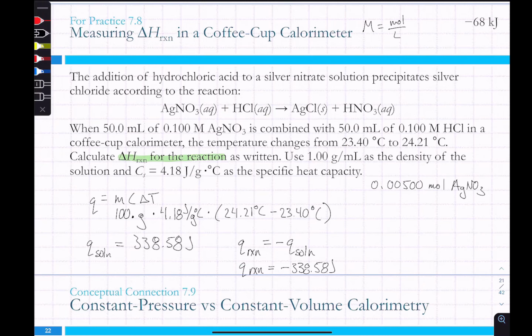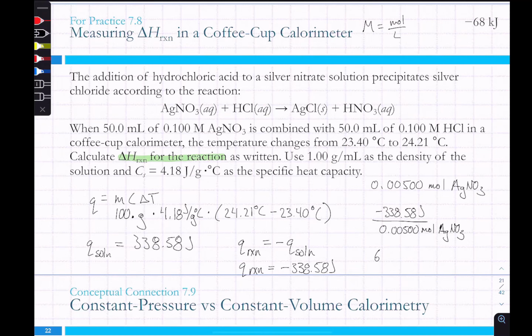And now all we have to do is take negative 338. Well, actually, I guess not all, because that's in joules, divided by 0.00500. So negative 338.58 divided by 0.005.